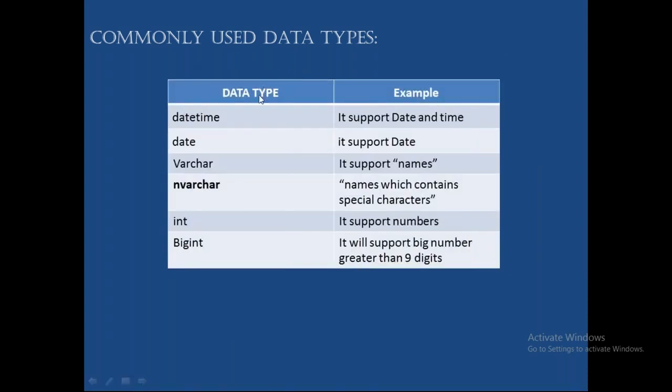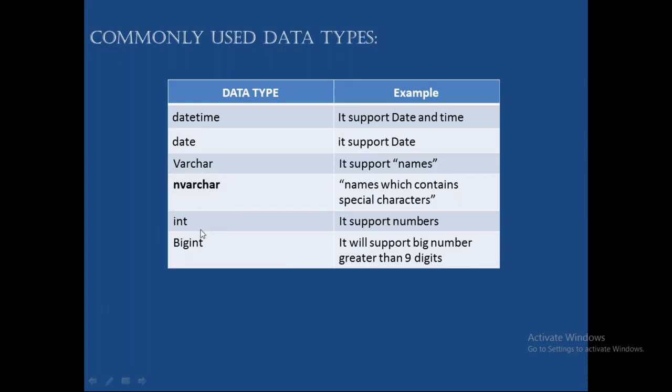So we already talked about all these things. Commonly used data types. Datetime means you will get date plus time. Date means you will get only the date. Varchar is used if you want to specify any names in a table, for example city names, product name, vehicle name, person name, company name, whatever it may be. In that name, if you have any special characters, you need to define nvarchar instead of varchar.